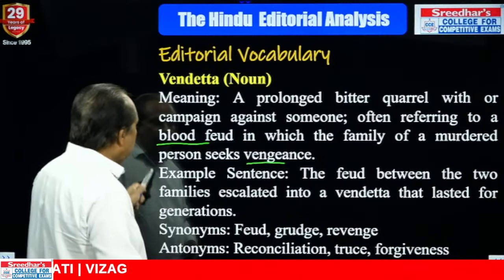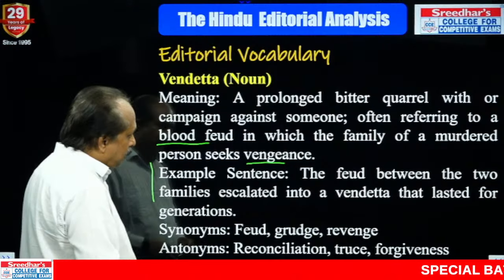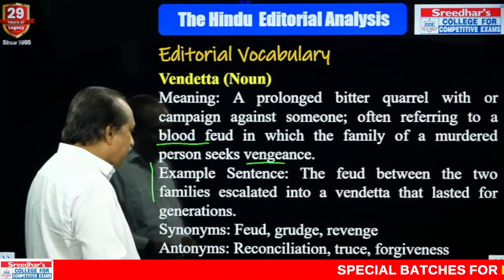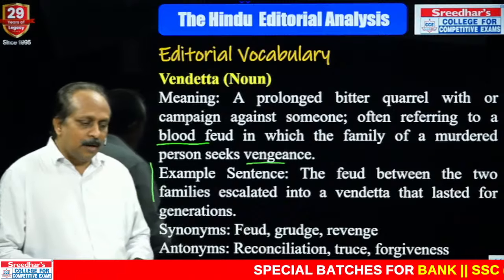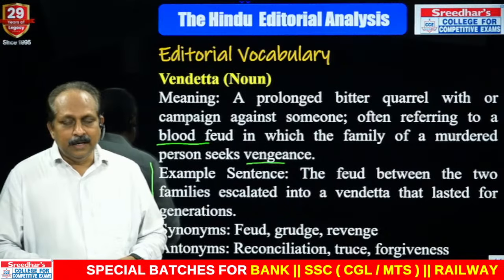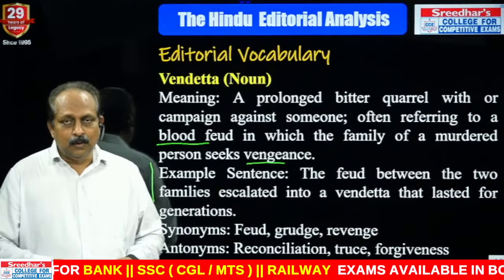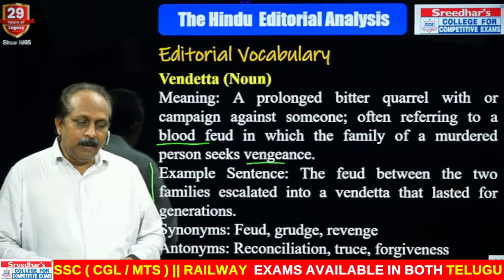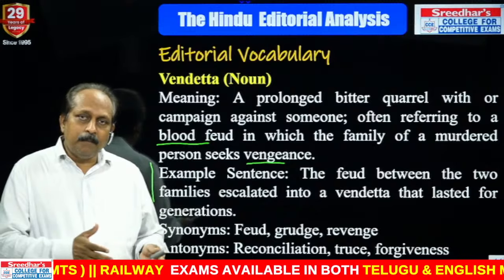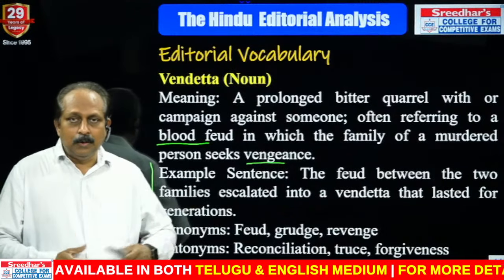Look at the example. The feud between the two families escalated into a vendetta that lasted for generations. This goes with the tribal thing between the two families, some sort of rivalry. They keep killing. Every generation, one person gets killed. That is known as blood feud. But in politics, one party is in power, and before this party, another party was in power.